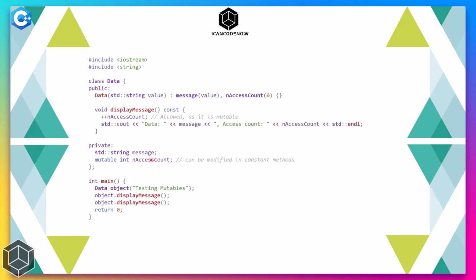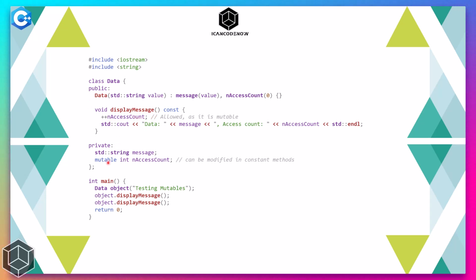There are certain ways where we want to use mutable. For example, this simple program here is displaying a simple message, and this method itself is a constant method, and we want to change some variables of this class, even if this method is constant.